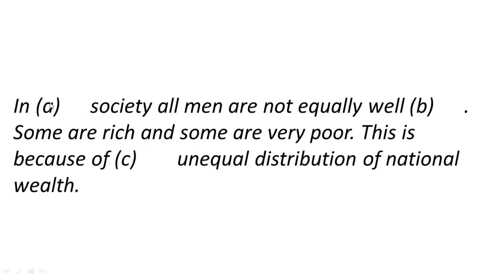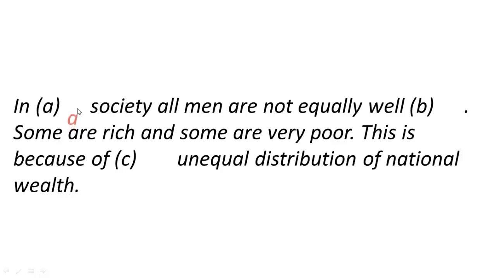Look at the text. In dash society, all men are not equally well dash. Look at, the first blank is between a preposition and a noun. We can use an article between a preposition and a noun. So we can use here a.